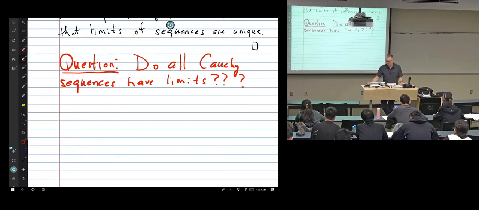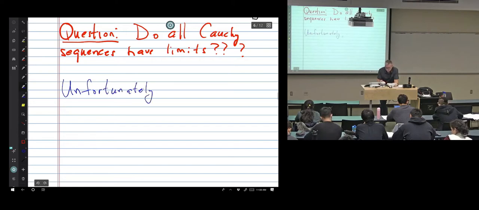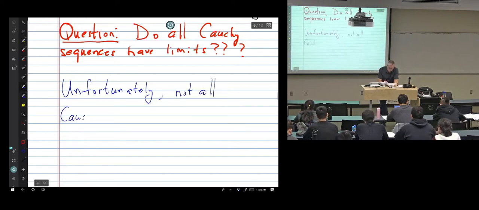People forget that the world is not this beautiful place where every Cauchy sequence has a limit. So, yes, unfortunately, not all Cauchy sequences have limits.